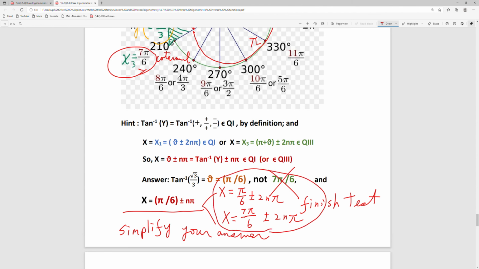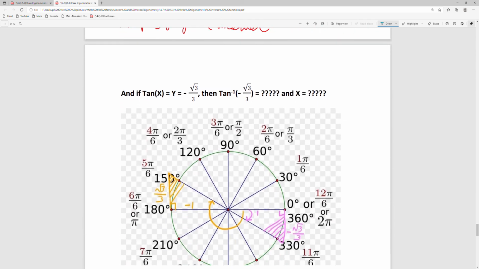If you are able to simplify your answer, then you combine your two groups to become one group. So instead of plus minus 2n pi, I will ask you to use plus minus n pi only. You combine these two to become one group. Make sense?